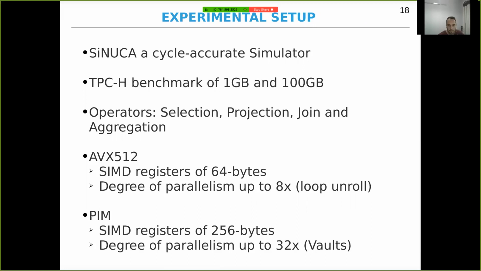The AVX architecture supports a single register of 64 bytes with a degree of parallelism up to 8 times using the loop unrolling technique. On the PIM side, we have a single register of 256 bytes with a degree of parallelism up to 32 times. This number is the limit of the number of vaults available on the 3D stacked memory, 32 vaults.